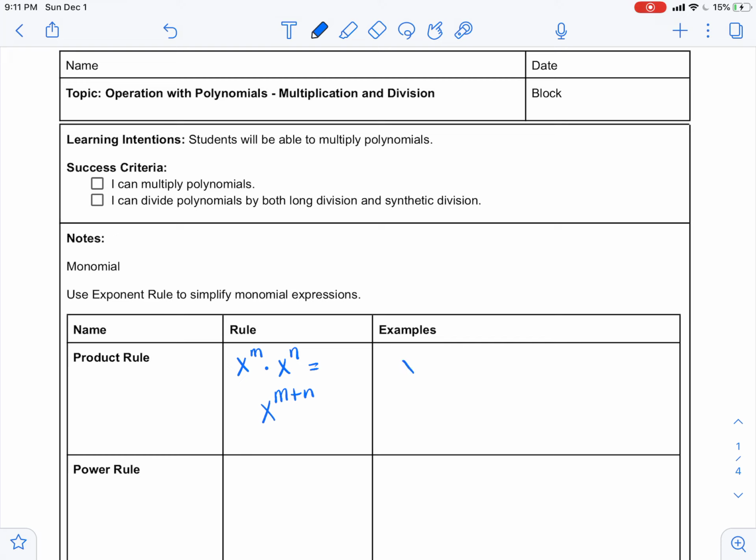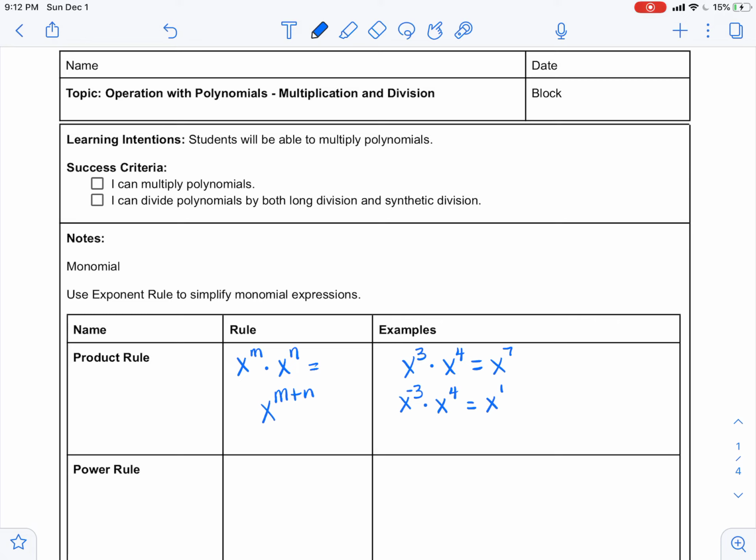An example of that would be x to the 3 times x to the 4, which gives you x to the 7th power. We also extend this, so if I have x to the negative 3 times x to the positive 4, and I add those, that gives me x to the 1.